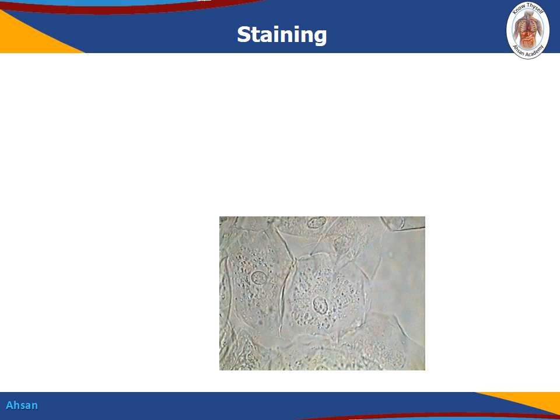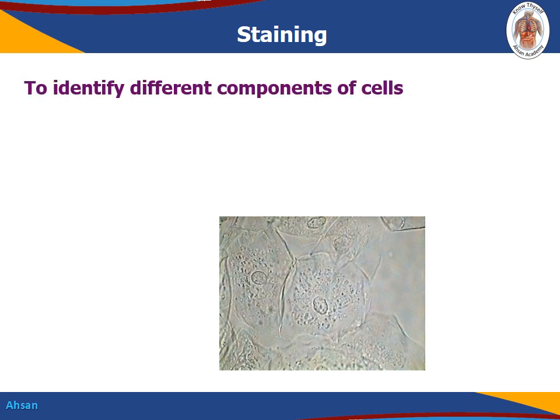If we see the tissue under the microscope without any coloring, it is very tough to identify different components of the cell. So we stain the cell with colors. We use two different colors, one acidic and another alkaline in nature.